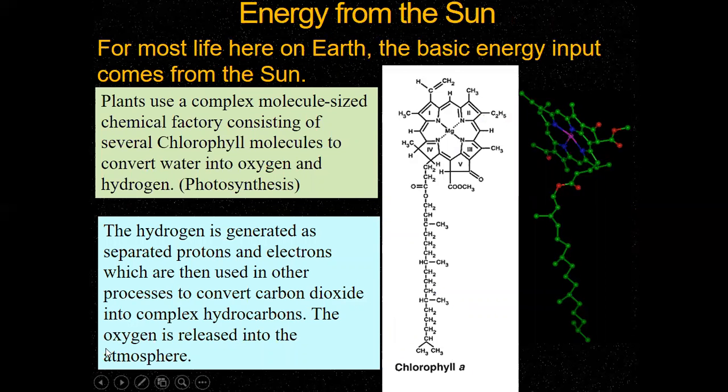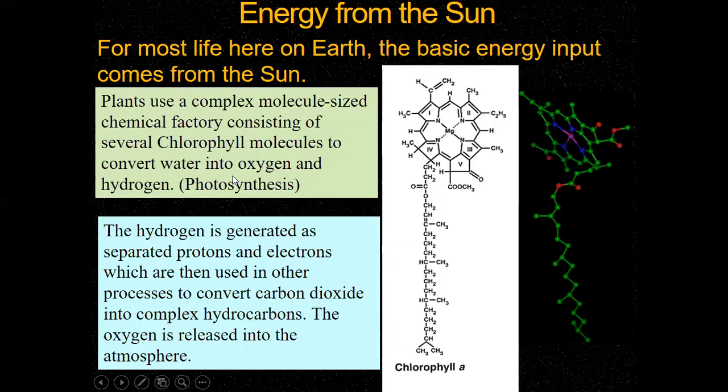So, energy that comes from the sun. For most of the life here on Earth, the basic energy input comes from the sun, right? The chlorophyll in the trees will absorb this energy from sunlight and create food. The plants use a complex molecule-sized chemical factory consisting of several chlorophyll molecules to convert water into oxygen and hydrogen.